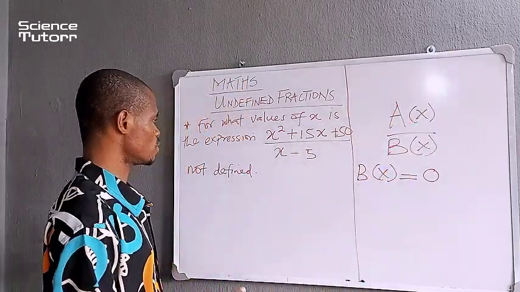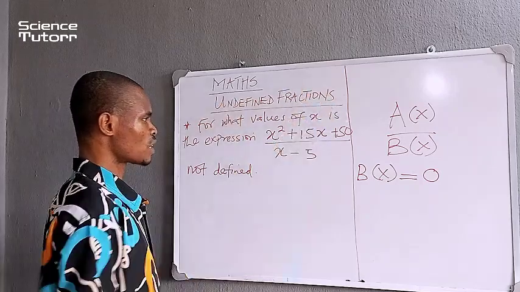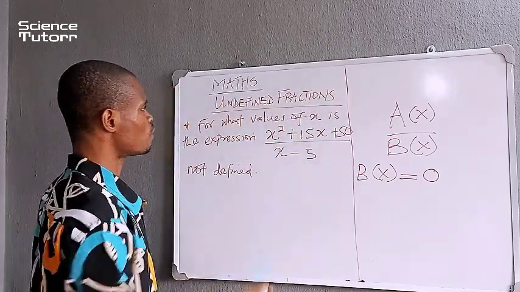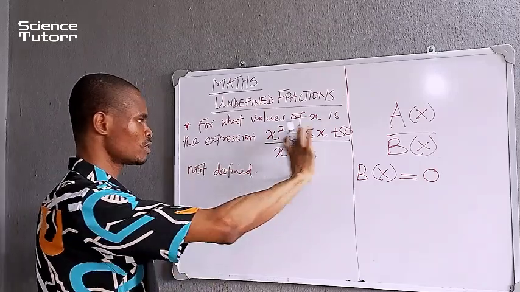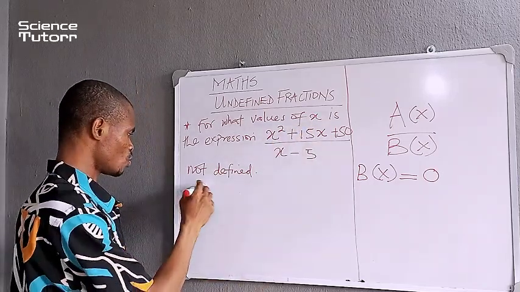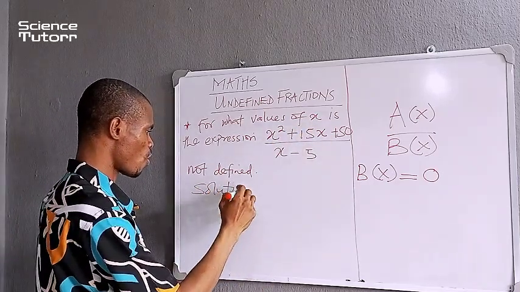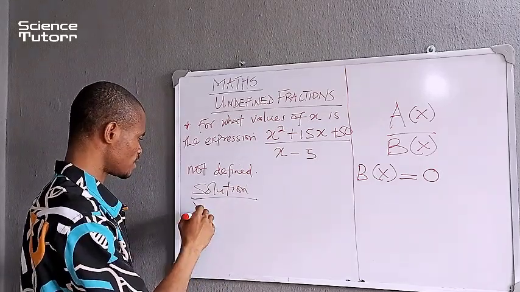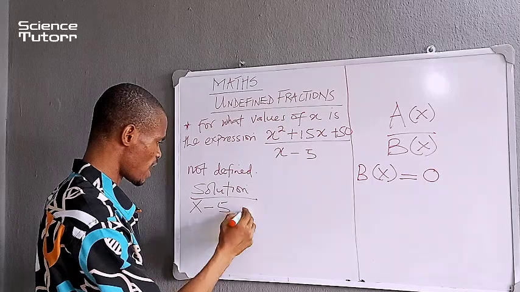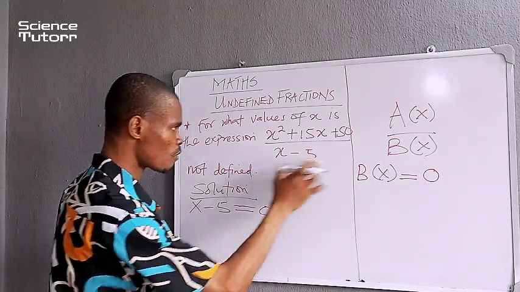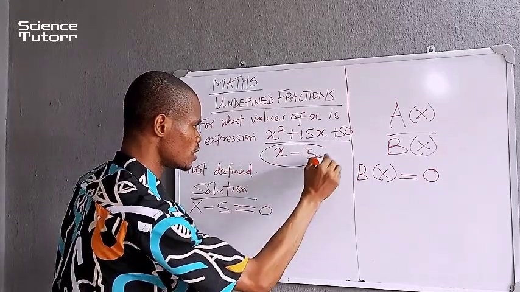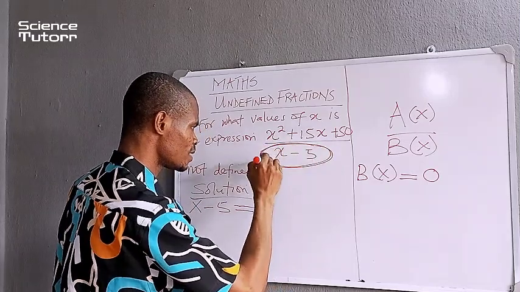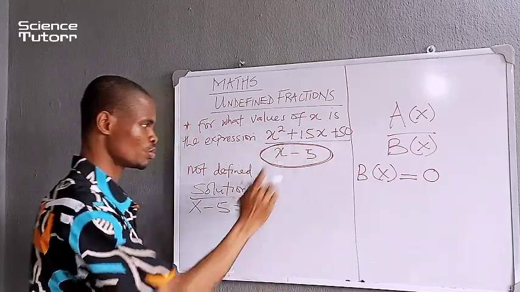So based on this question, undefined fractions, we simply solve the denominator. So for what values of x is the expression not defined? What we simply solve for is the denominator. So x minus 5 equals 0. I'm solving the denominator, so the expression will be undefined when the denominator is equal to 0.